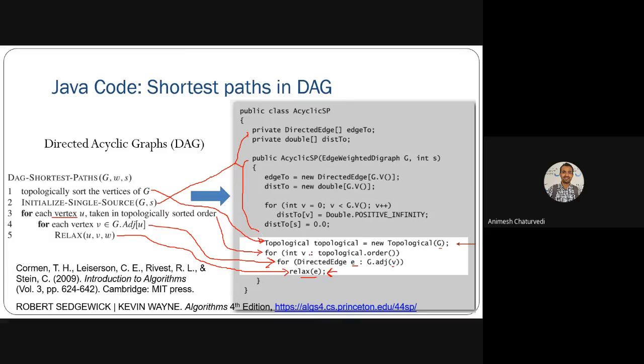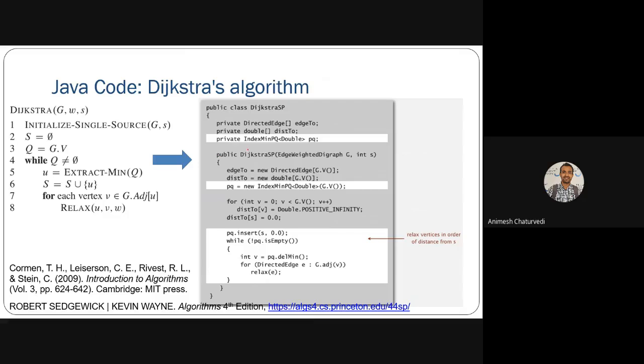First do the topological sort, and based on the topological sort, you keep on reading this vertex V, which will reduce some complexity, and then for each adjacency vertex or the edge of vertex V, you keep on doing the relaxation. And the relaxation was the same as we had discussed.